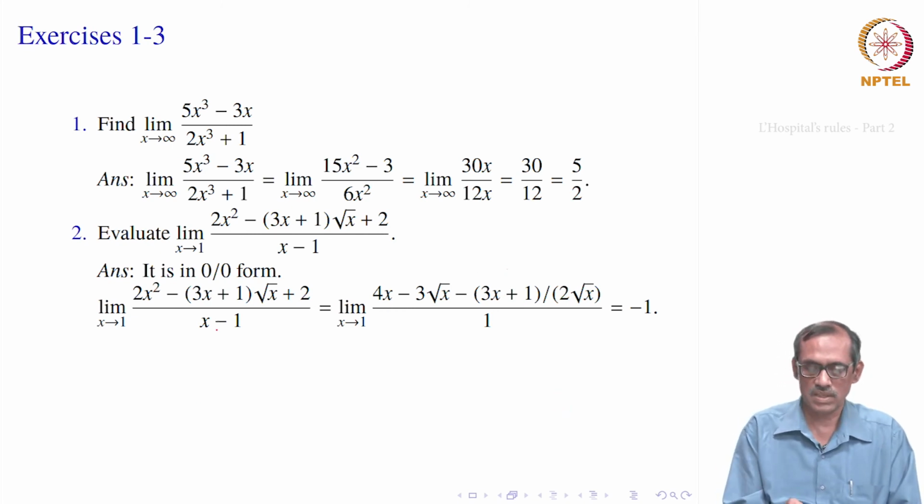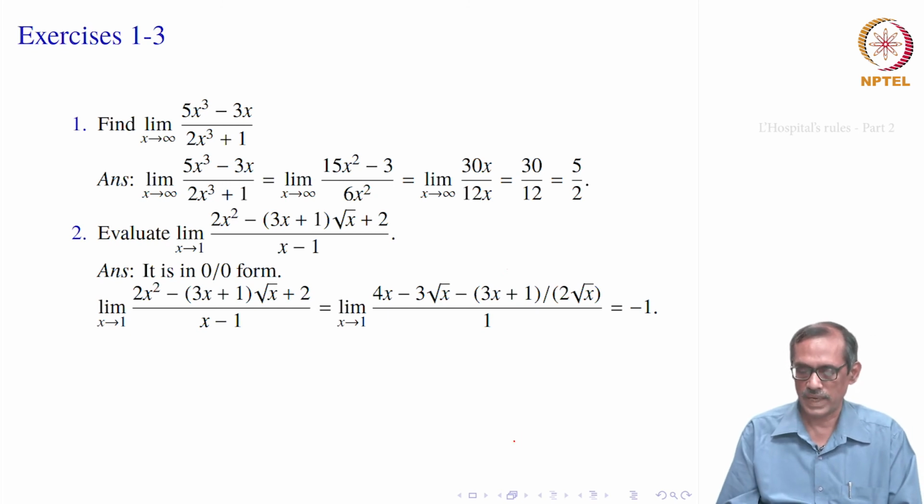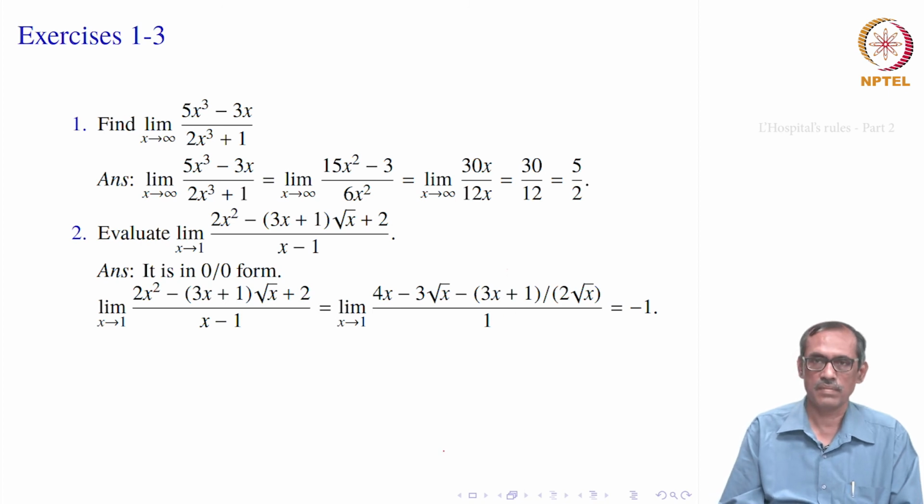So, the numerator is this and the denominator x minus 1 gives 1. Okay. So, as x goes to 1, the denominator is no more 0 now, and it can be evaluated directly, right, by substituting x equal to 1. So, in that case you get 4 minus 3 which is 1 minus 4 divided by 2 which is 2. So, that gives you minus 1. That is the answer.